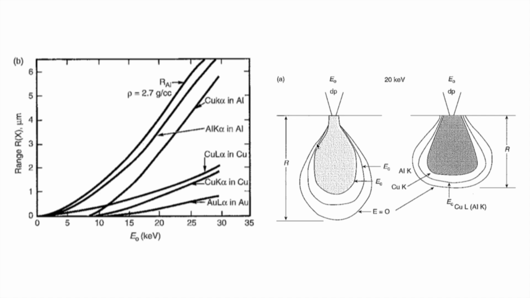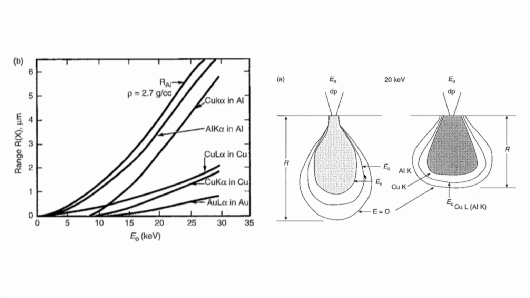We call this the interaction volume. Since this is a 2D representation, it's actually a volume. This is the region in which these electrons can interact with the material, and it also has to do with the X-rays.